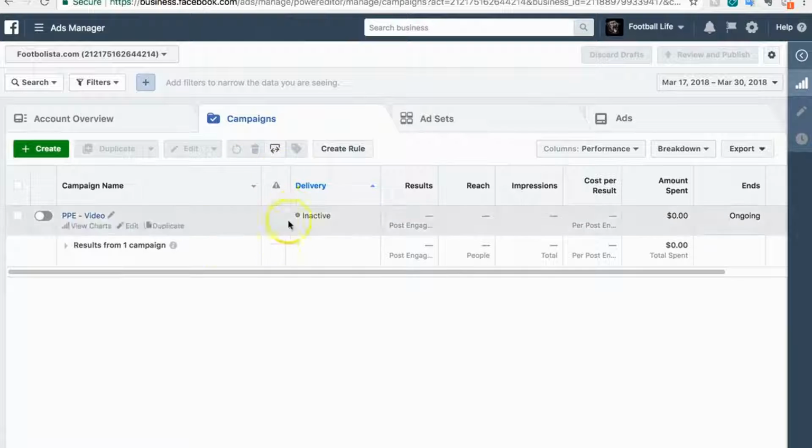After you create the Facebook account, you can come in here basically, and you can start placing Facebook ads.